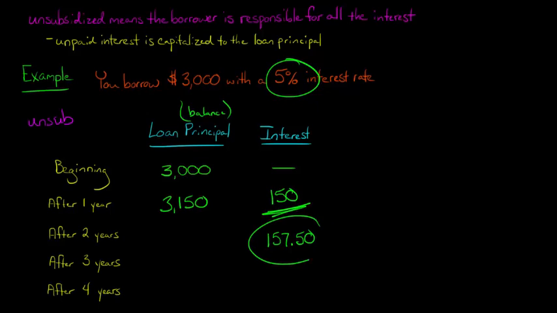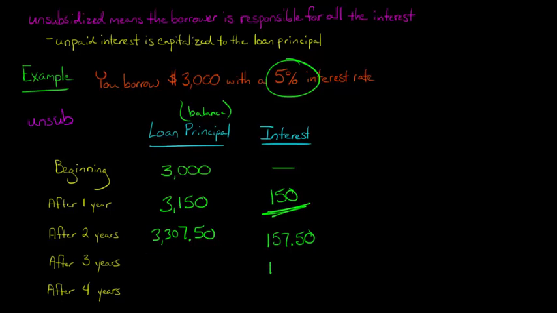And so that's why the interest that you incur during year 2 is more than what you incurred during year 1. So now we add this $157.50 to the $3,150, and that gives us $3,307.50. We multiply that $3,307.50 times the 5% again.